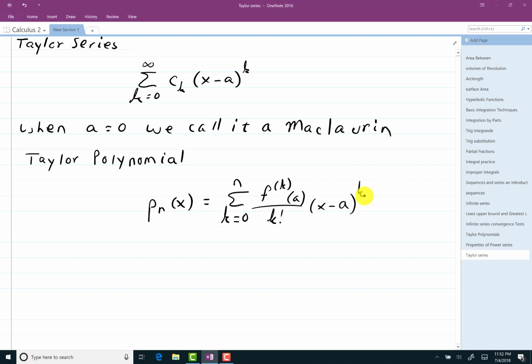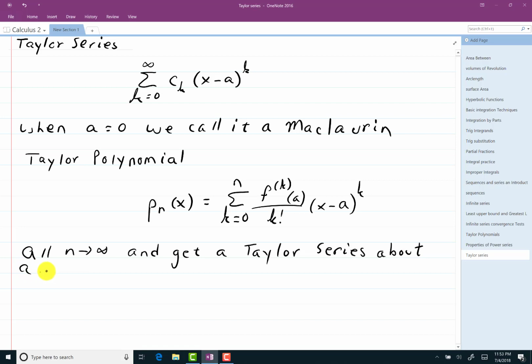Those are how we constructed the Taylor polynomials. We were simply going to then extend it, so allow n to go to infinity and get a Taylor series about a.